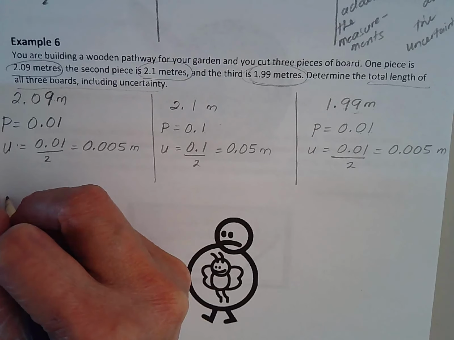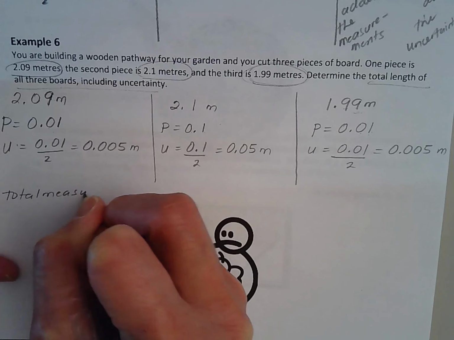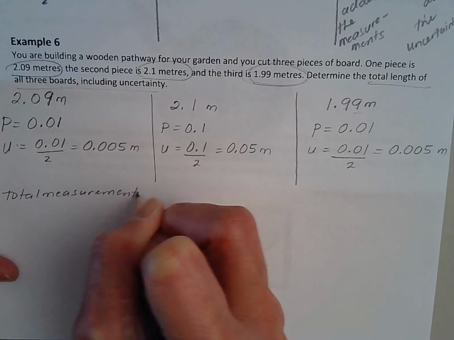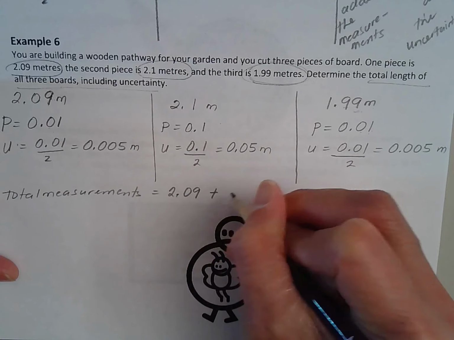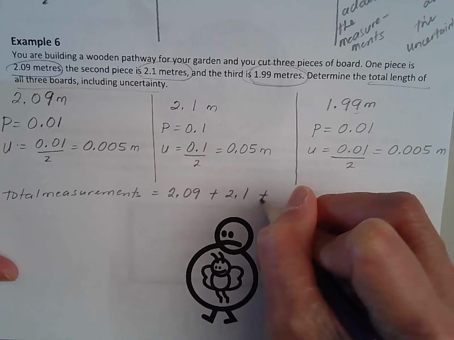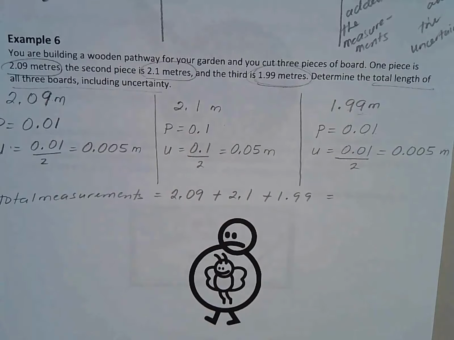So total measurements would be 2.09 plus 2.1 plus 1.99. And we're also going to add up the uncertainty.